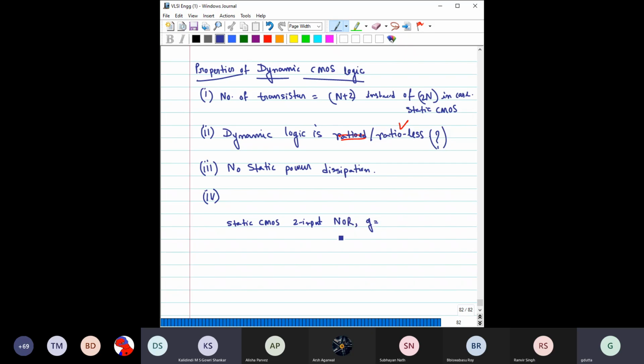In static CMOS, we have just today also discussed. What is the logical effort for a static CMOS two input NOR gate? 5 by 3. Okay.